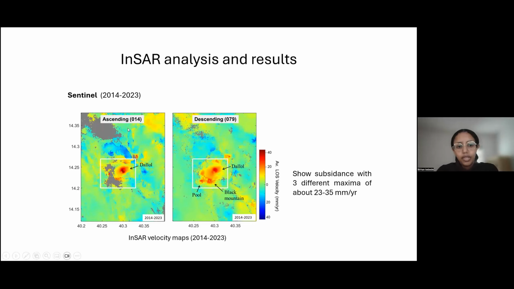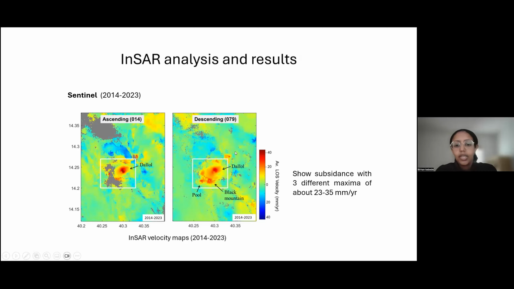As you can see, the ascending track to the left shows one anomalous zone, the center of Dallol, showing subsidence at the center of Dallol. However, due to some incoherence, we don't cover other parts.